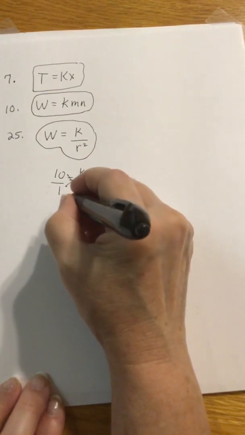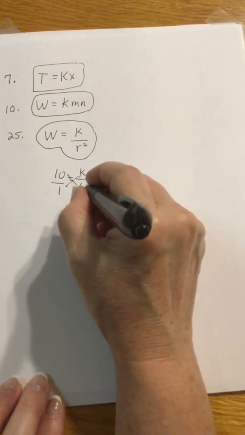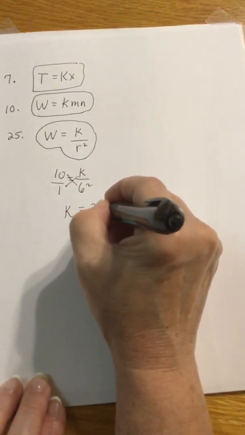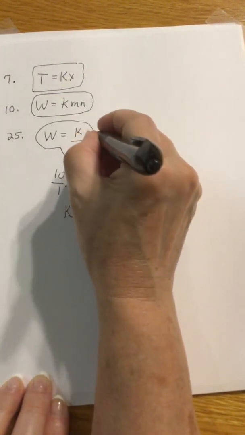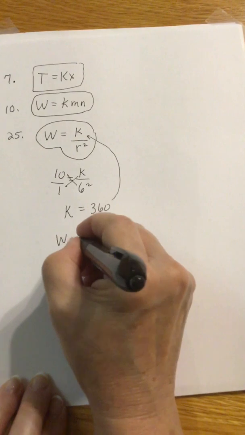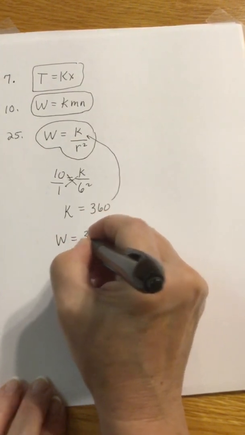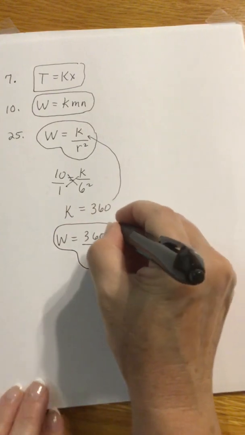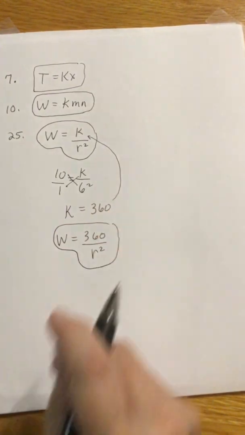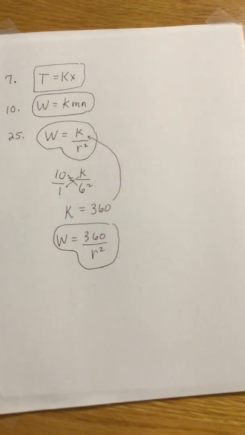So I get K times 1 equals K. 36 times 10 is 360. So now we go back and plug our K in and that gives me W equals 360 over R squared. And that's the notes that we're going to do right now for section 1.12.